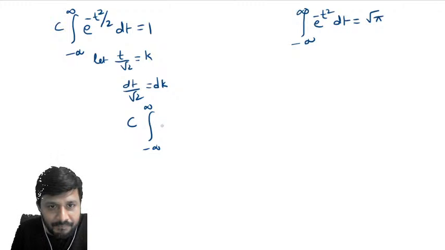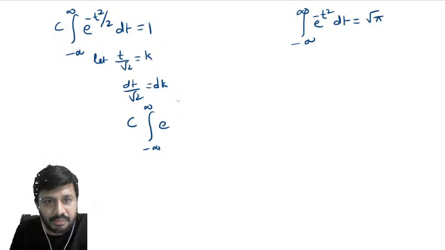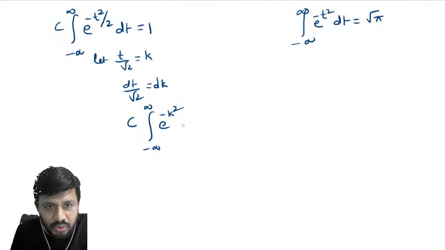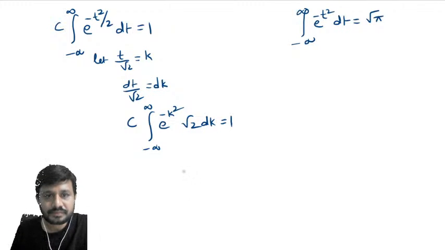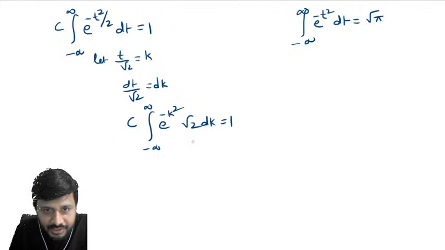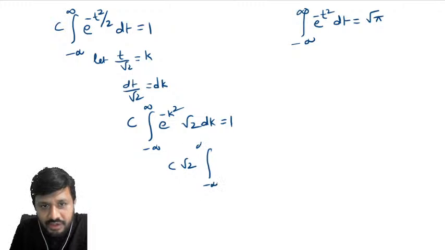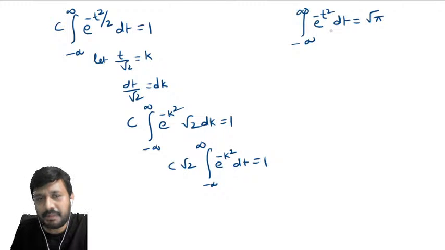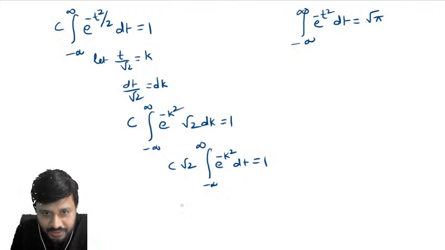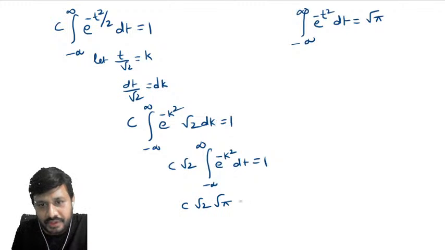So e power minus t square by 2, which means e power minus k square, and dt is root 2 dk, is equal to 1. Or if I take root 2 outside, c times root 2 times the integral from minus infinity to infinity of e power minus k square dk is equal to 1. But whatever the variable, either t or k, this is nothing but root pi. So c times root 2 multiplied with root pi is equal to 1.